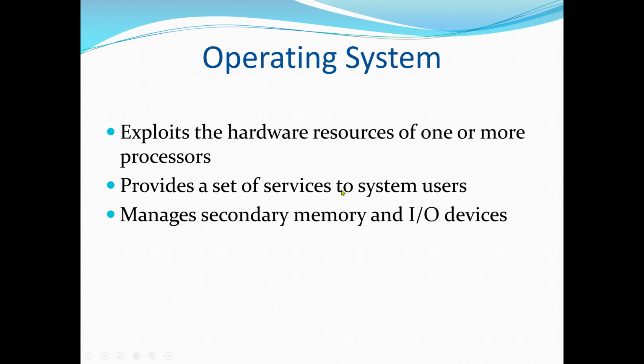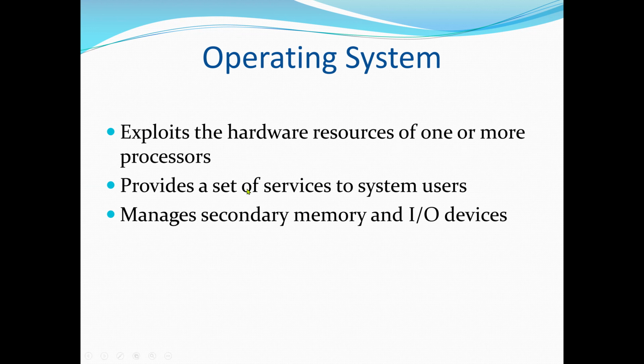So first, we will say that an operating system normally exploits the hardware resources of one or more processors to provide a set of services to system users. The operating system also manages the secondary memory and the input and output devices on behalf of its users.